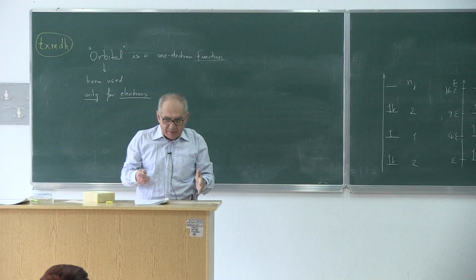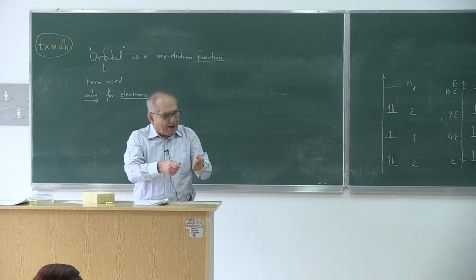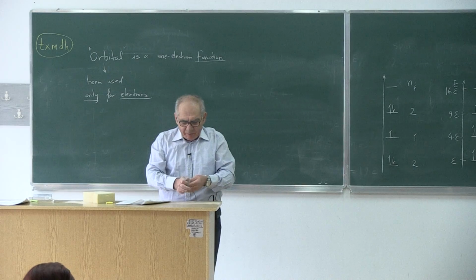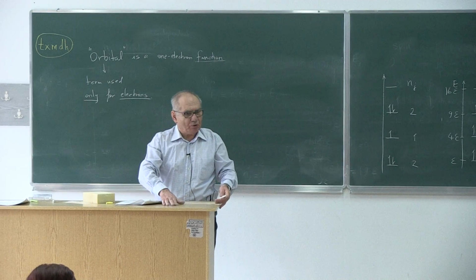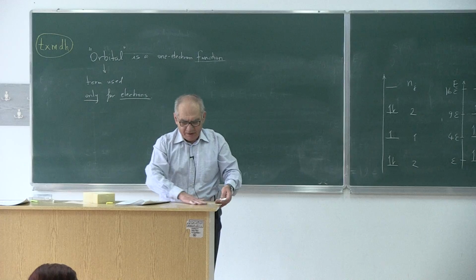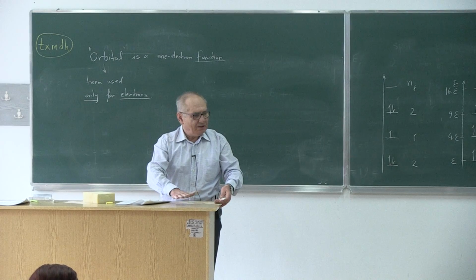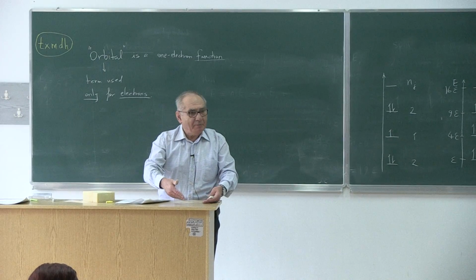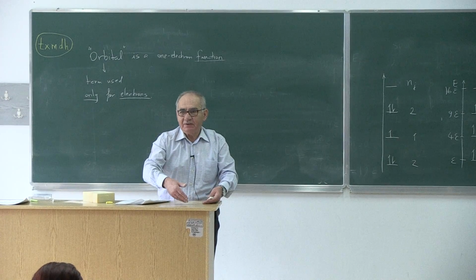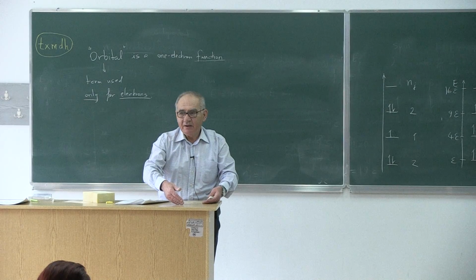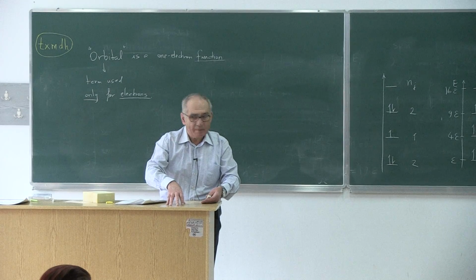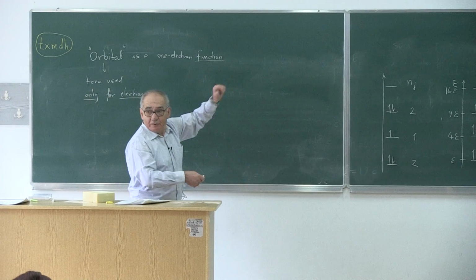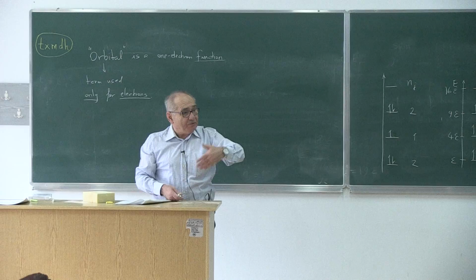But we can impose some constraints on the motion of the electron. For example, we may force the electron to move only on the surface of this table. This is a plane. In this case, how many variables will such an electron need? Just 2 variables, isn't it? Then it is going to be a function of 2 variables. We can proceed further.